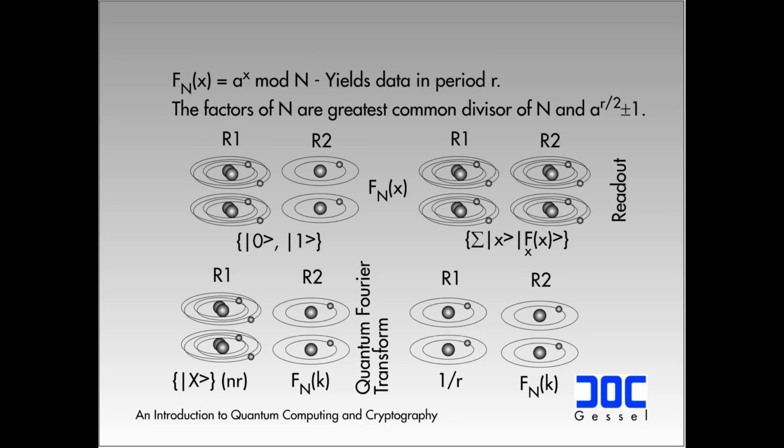And then we apply that function f(x), which is a to the x mod n, to that system using a complicated system of gates. So let's just assume that we've built that set of gates, and we can now encode that function into a set of gates and apply it on these registers. And after we've applied the function on the registers, we'll end up with, in the first register and the second register, a superposed entangled state between both registers, all the registers working together.